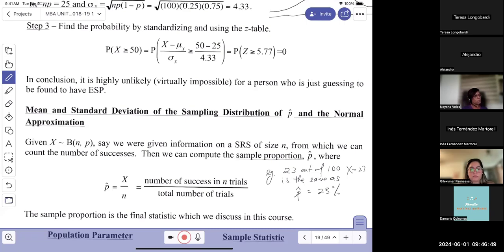So the answers should be the same, understanding the possibility of an outcome X greater than 23 or X greater than 23%. We should be able to get the same answer. It's really just two ways to say the same thing. 23 out of 100 is the same as 23%. Does everybody agree?